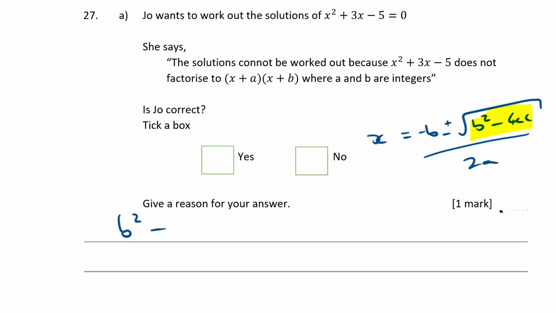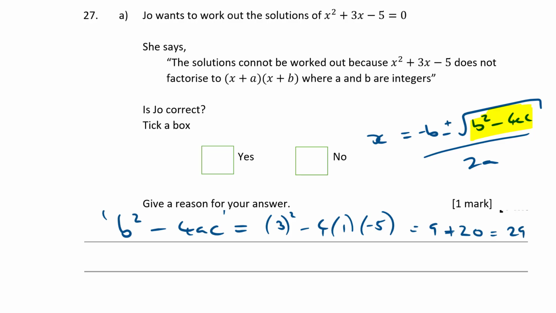Is b squared minus 4ac a positive number? b is 3, isn't it? So that is 3 squared minus 4 times 1 times minus 5. Which is 9 subtract 4 times negative 5, which is plus, isn't it? 9 plus 20, which is 29.